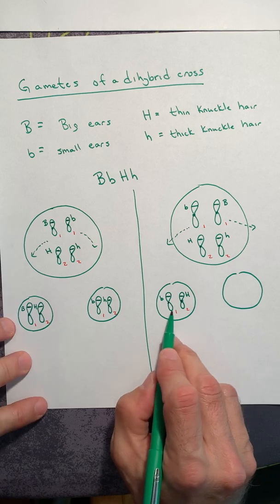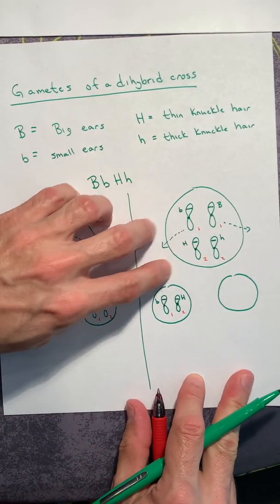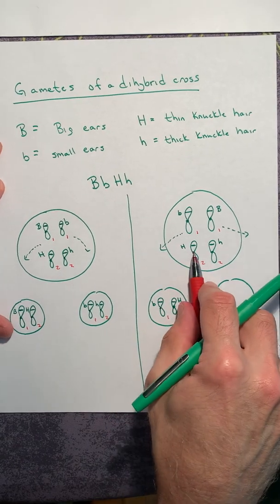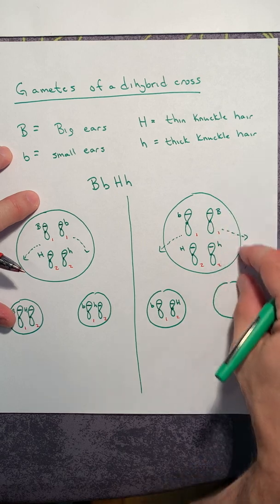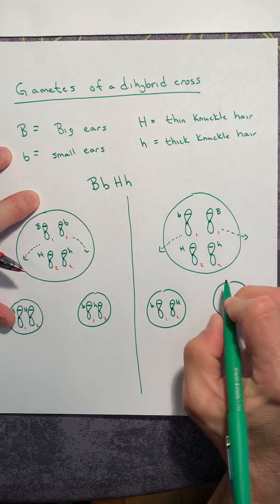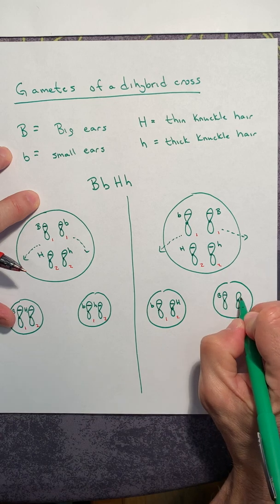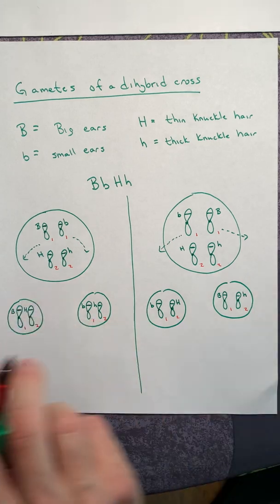And again, these 2 chromosomes here came from here. When these 2 get pulled over to the side, these 2 end up in this gamete. Whereas if these 2 chromosomes get pulled over, what I would offer to Emily would be big B and little h. Number 1 and number 2.